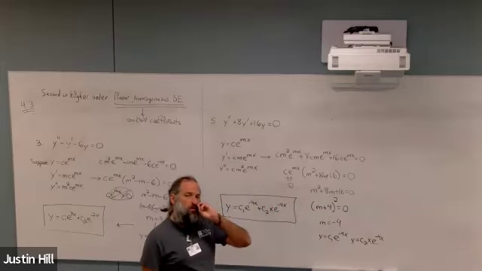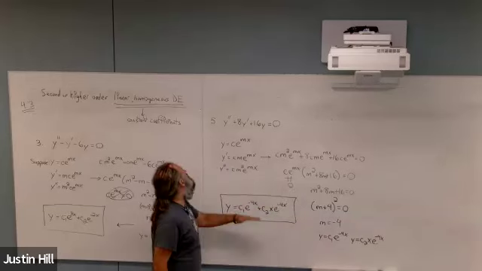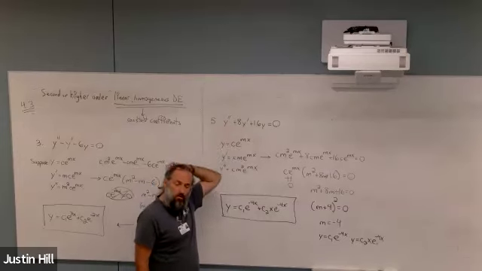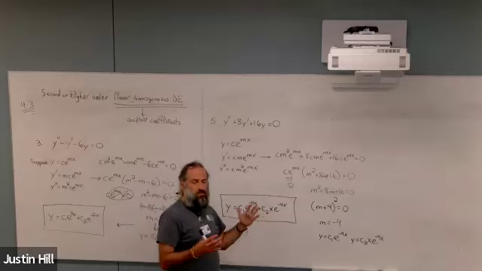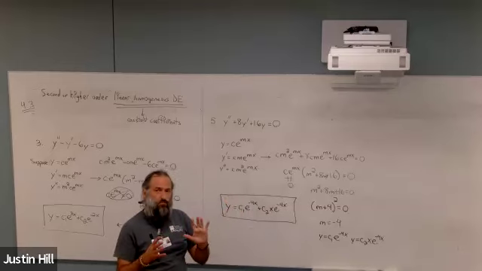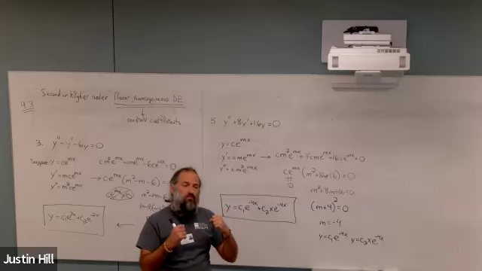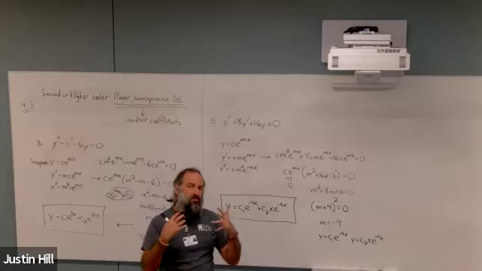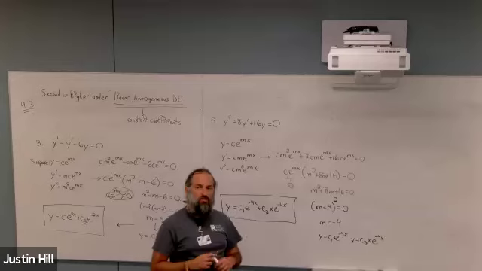So what's happening here is that the types of solutions you're going to see to these linear homogeneous differential equations, in this case second order with constant coefficients, follow the pattern of the types of solutions that you get to quadratic equations.